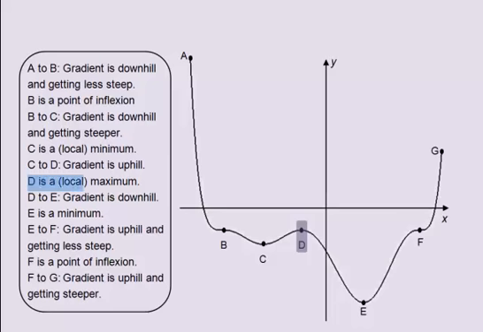D is a local maximum. From D to E, the gradient is downhill. E is a minimum. From E to F, the gradient is uphill and getting less steep. F is a point of inflection. And from F to G, the gradient is uphill and getting steeper.